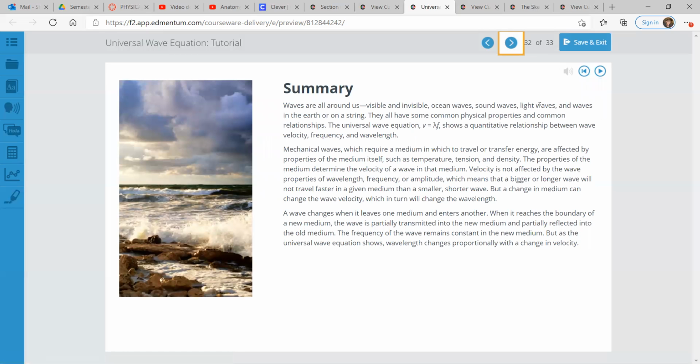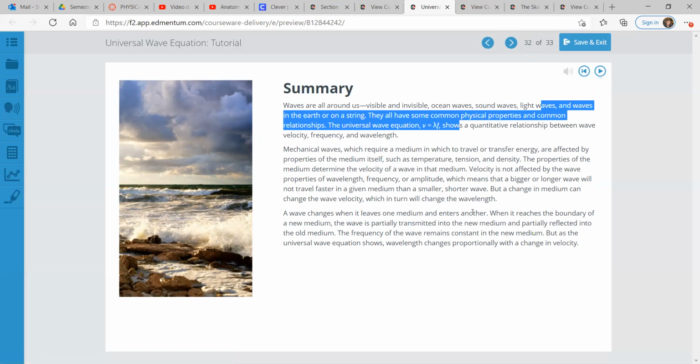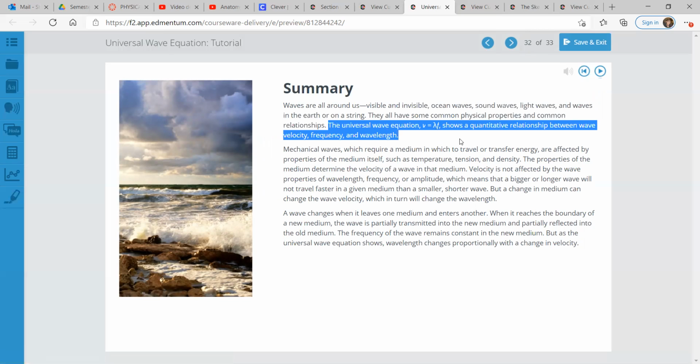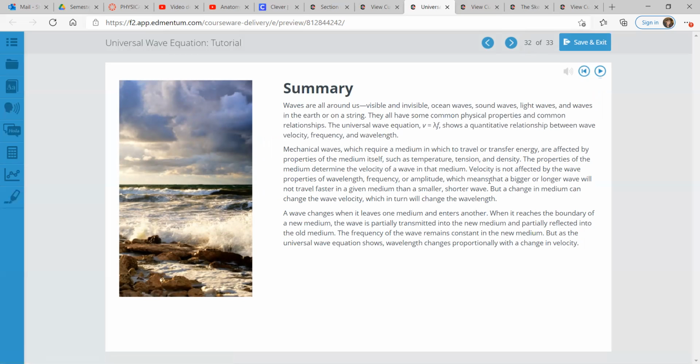And that's the summary of the universal wave equation. We are using this equation to show a quantitative relationship between wave velocity, frequency, and wavelength. Mechanical waves, which require a medium in which to travel or transfer energy, are affected by properties of the medium itself.